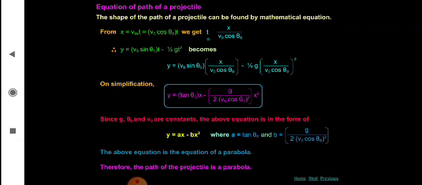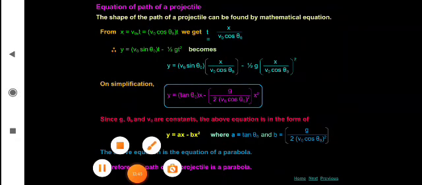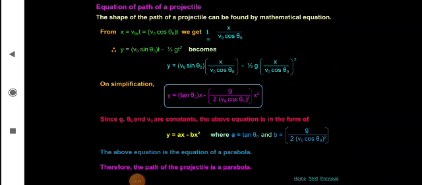Since g, theta naught and v naught are constants, the above equation is in the form y is equal to ax minus bx square, where a is equal to tan theta naught and b is equal to g divided by 2 times v naught cos theta naught whole square.